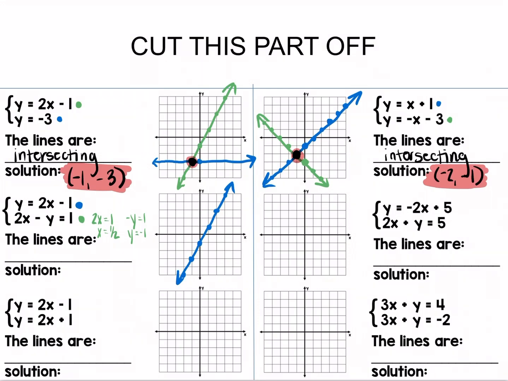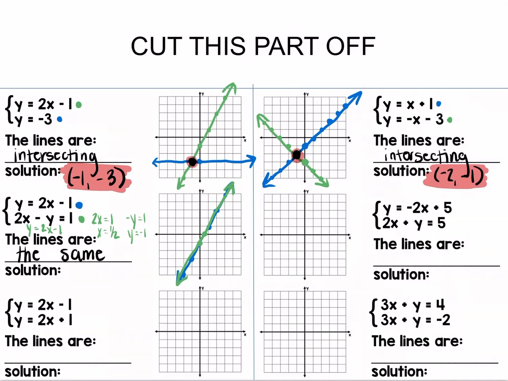Or you could rearrange it, and when we do that, this equation is y equals 2x minus 1. And if you notice, it's the exact same line as the first equation. You notice these lines are the same.